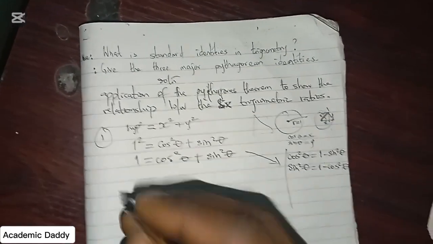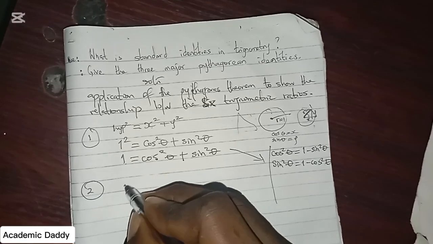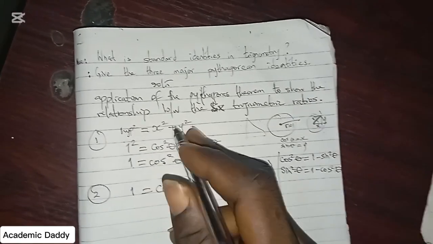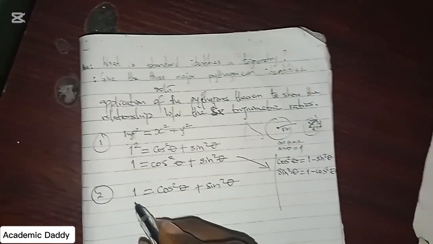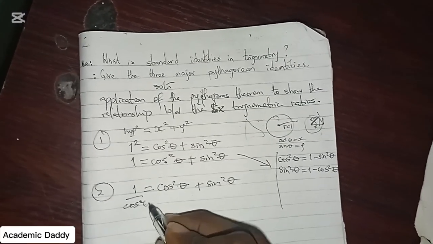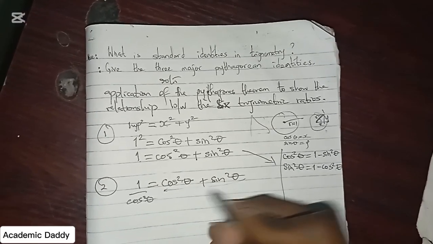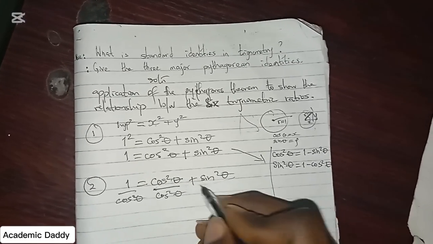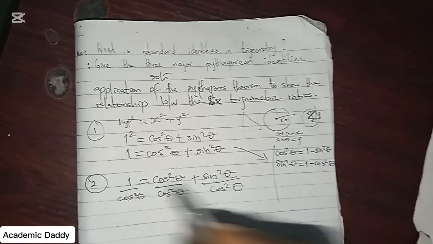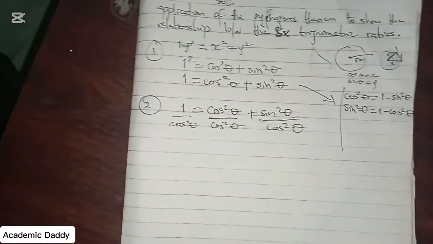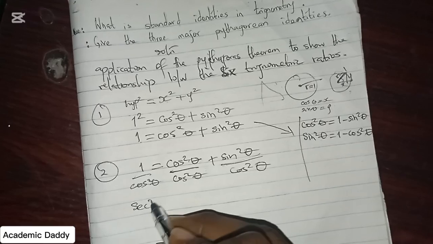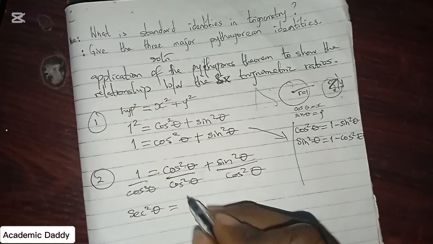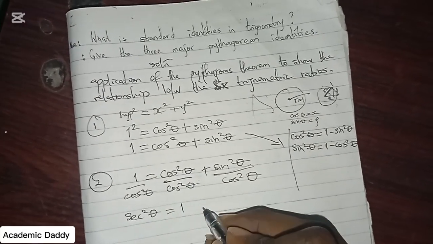Whenever you want to prove something, you need to put these two hand to hand because they are equal. Now, to derive the second Pythagorean identity, I take what I derived from the Pythagoras theorem and divide through by cos squared theta. Cos square theta over cos square theta is 1, anything divided by itself. 1 over cos square is sec square theta, since 1 over cos is secant, as I taught in the first class.